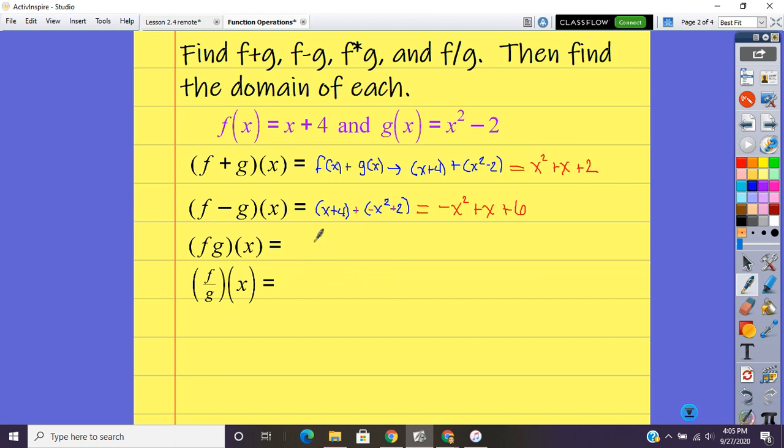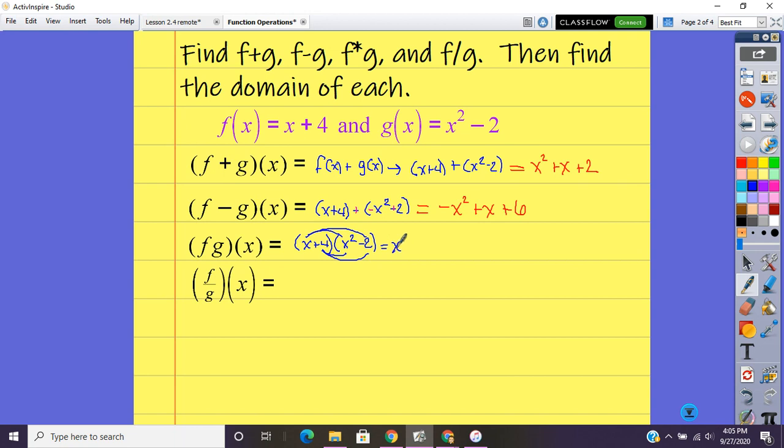Multiplication is also similar, except instead of adding or subtracting, we're multiplying. So we will have x plus 4 times x squared minus 2. This involves the distributive property, or foiling if you prefer that term, where we multiply these, these, these, and these.